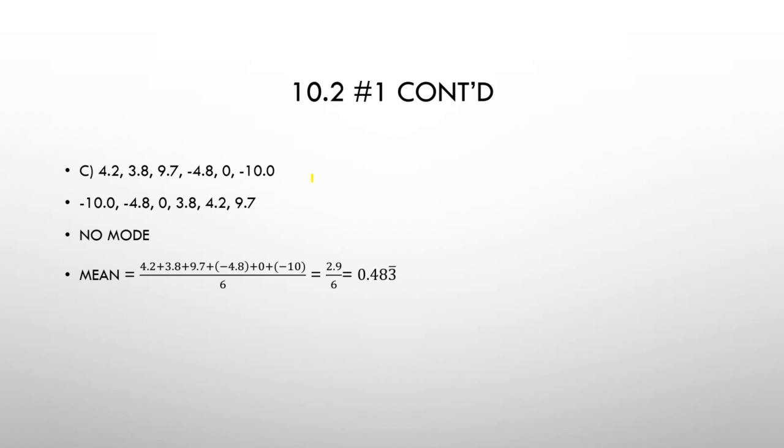When I added my numbers up, they came out to 2.9. So I took 2.9 and divided that by 6, and I got 0.483 repeating. To get the median, I want my 2 middle numbers, which in this case were 0 and 3.8. I added those together and divided by 2, and that gave me 1.9. Any questions on that one?